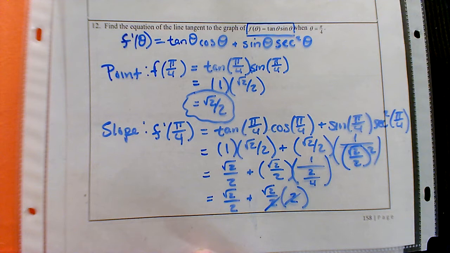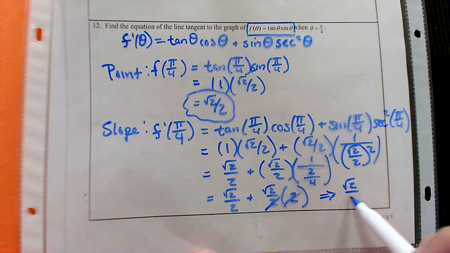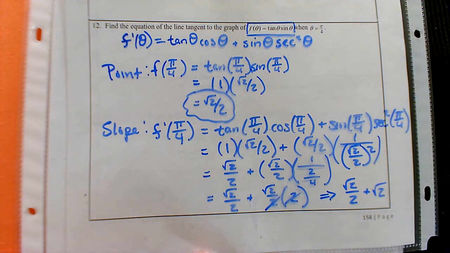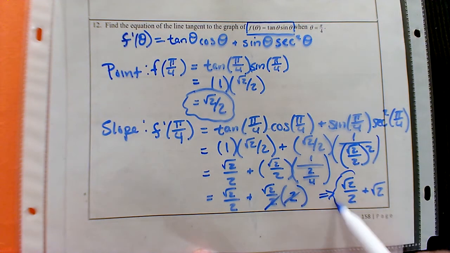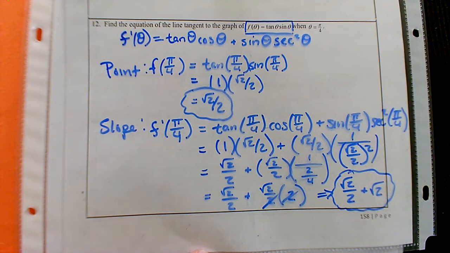How'd it go? Okay. So it looks like our slope is square root of 2 over 2 plus another square root of 2. We'll leave it like that. So do you think you can go from there now that you have your point and your slope?